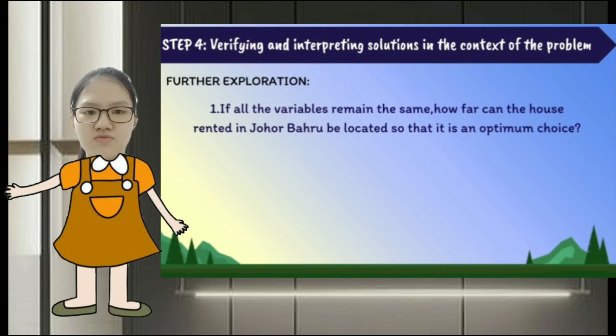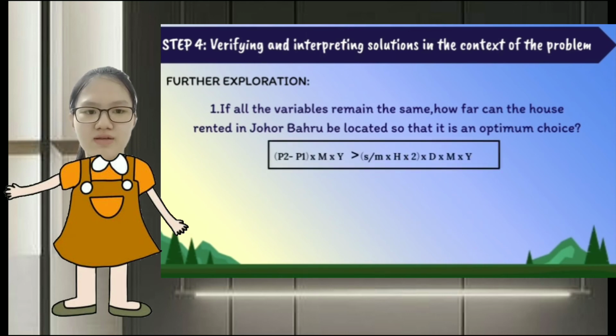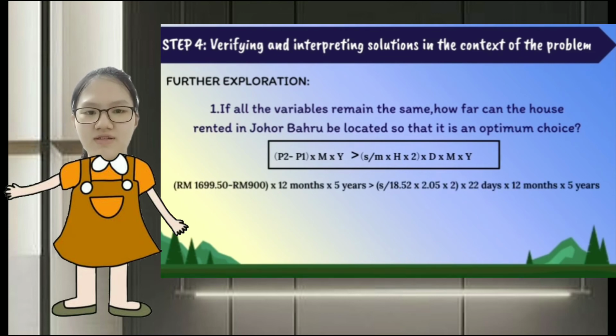First, if all of the variables remain the same, how far can the house rented in Johor Bahru be located so that it is an optimum choice? Let's put it this way. P2 minus P1 times M times Y is larger than S over M times H times 2 times D times M times Y, which is 1,699 ringgit 50 cent minus 900 ringgit times 12 months times 5 years is larger than S over 18.52 times 2.05 times 2 times 22 days times 12 months times 5 years.